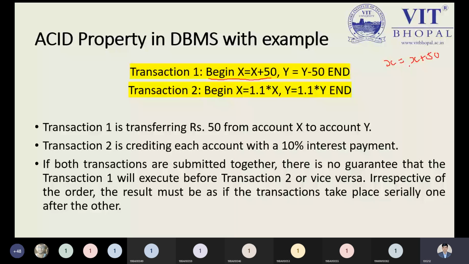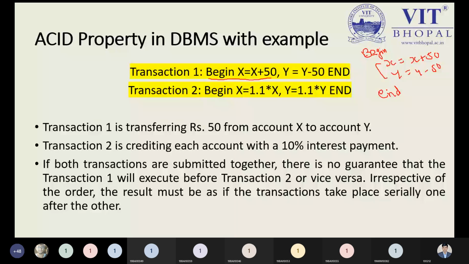What I'm doing here is adding some amount to the X balance, and Y equals Y minus 50, enclosed in begin and end. Under the begin and end section I'm updating the balance of X by 50 rupees and updating the Y balance by deducting 50 rupees. So transaction one is transferring 50 rupees from account X to account Y, as we have seen.